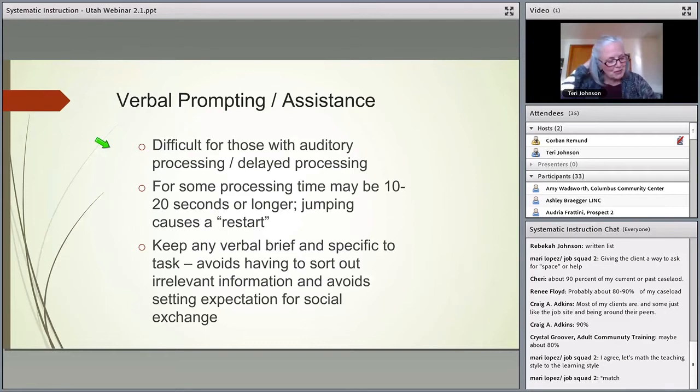I actually, just recently, was observing on a job, and the supported employee had someone with her for an extended period of time. She was really being over-supported. But when I came into this situation, she turned around, looked at me, and said, "Are you my person today?" And it was just realizing that she was very capable of doing the job independently, but her social world was really pretty small.